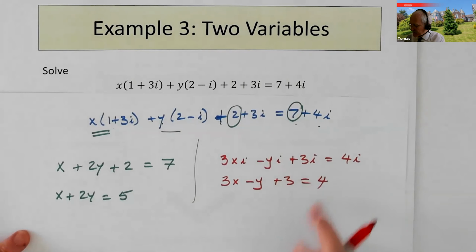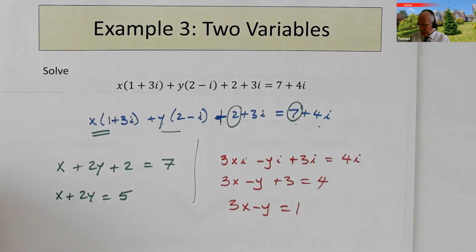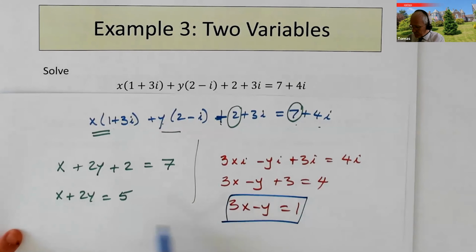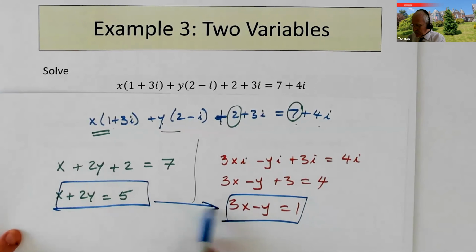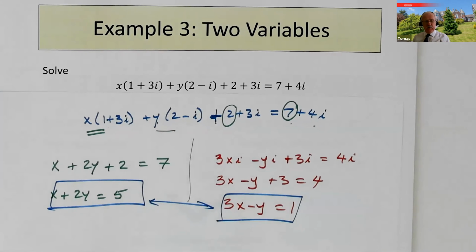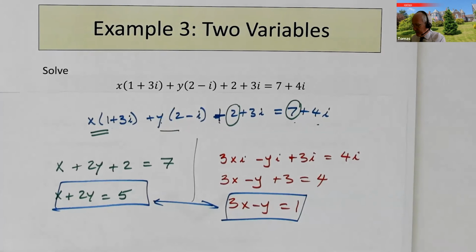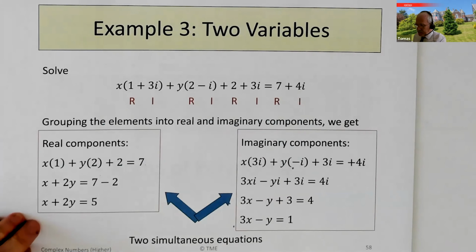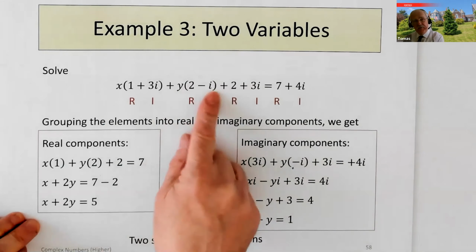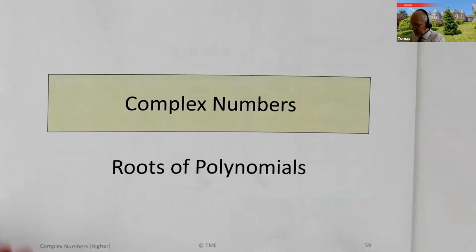And I could take the 3 to the other side. 3x minus y is 1. You've seen these before. These are two simultaneous equations. They're two algebraic equations which you could then solve for x and y. So you can see how they can convert a complex number question into two simultaneous equations.